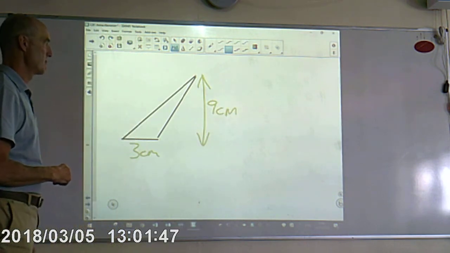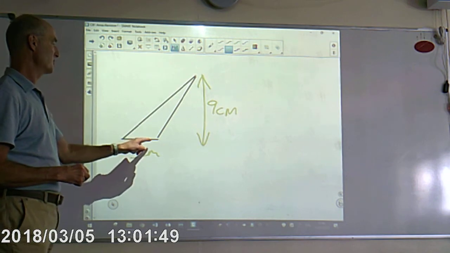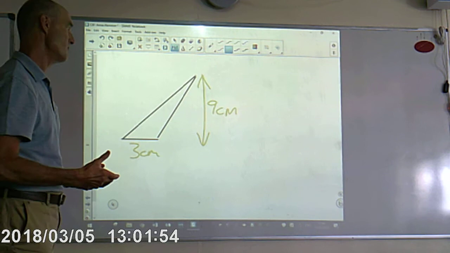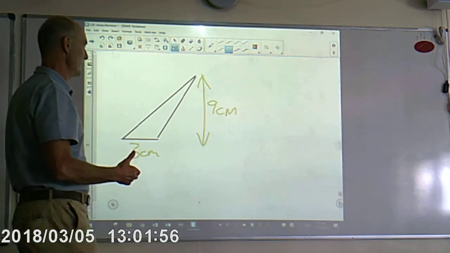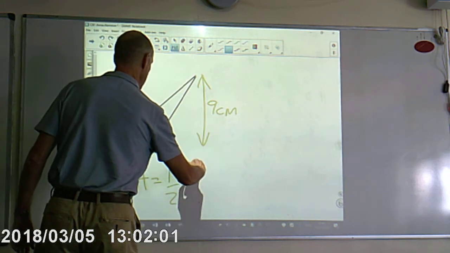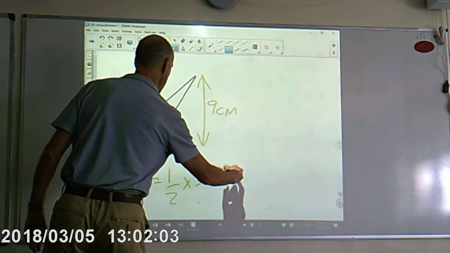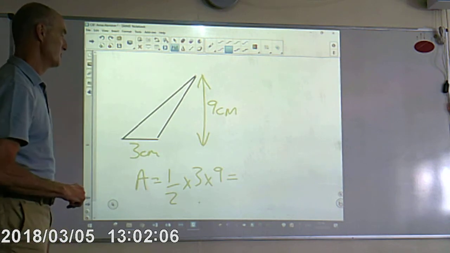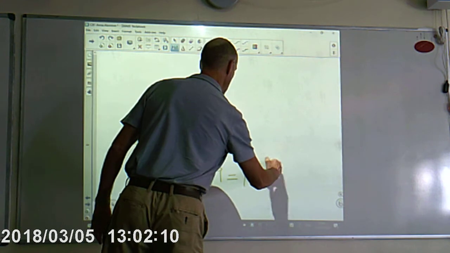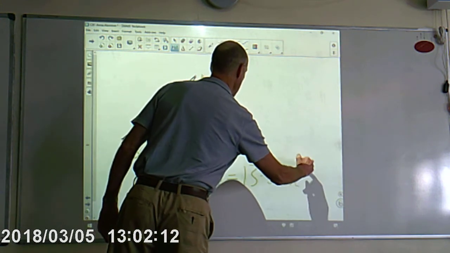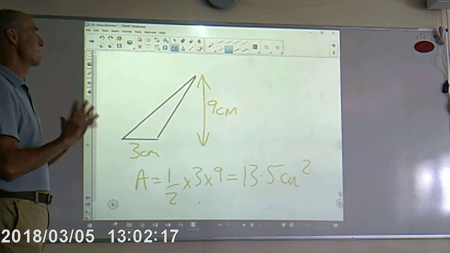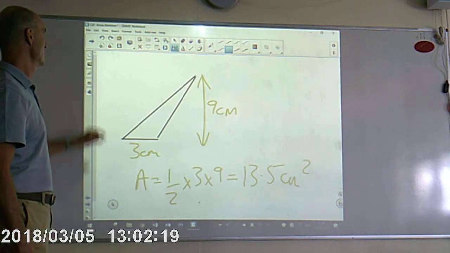So what we've got there is a base of 3 centimetres and a vertical height of 9 centimetres. Is that what we're looking for? Yeah, that's what we're looking for. So our area is going to be a half times 3 times 9. So 3 times 9 is 27, and a half of that is going to be 13.5 centimetres squared. Okay? The idea of vertical height, very important to latch onto that.